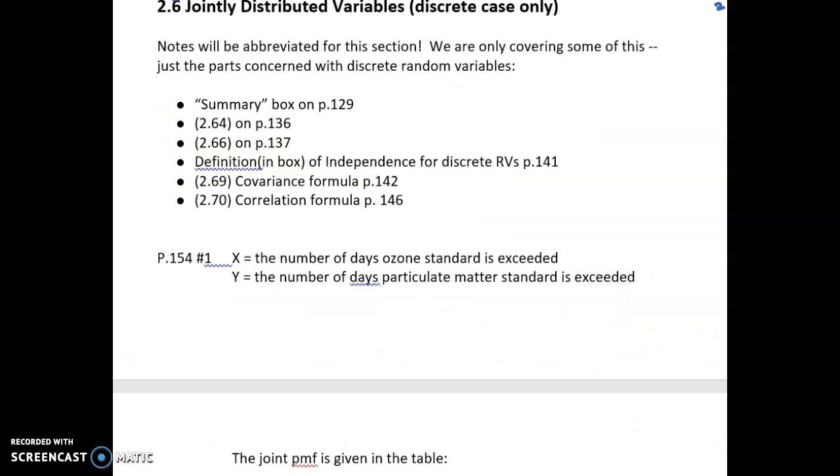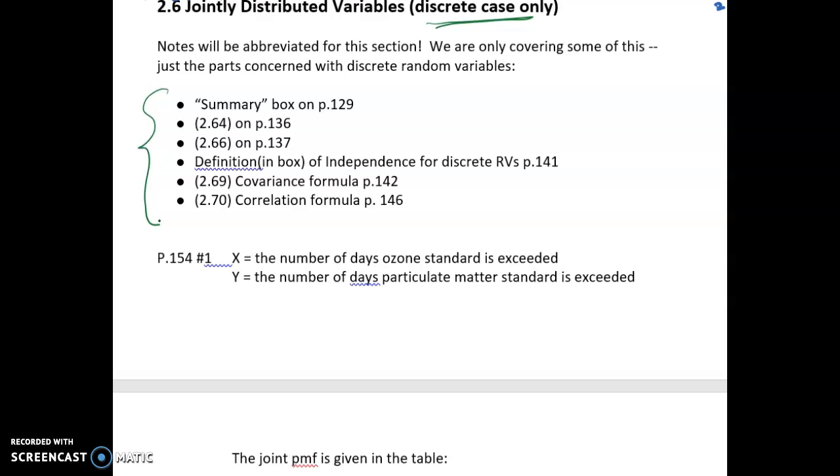Okay, continuing, jointly distributed variables, section 2.6. We're only doing the discrete case, which is really nice. So we're only doing half of this section, and lots of it we're not doing at all. But once again, abbreviated notes. Here's what you need: some summary boxes. I'm going to go through an example where I don't really use the definitions.